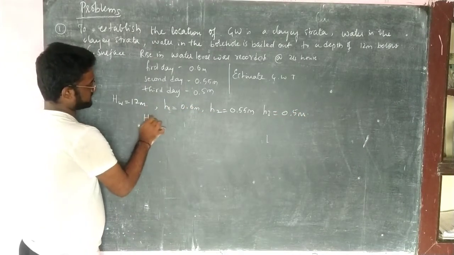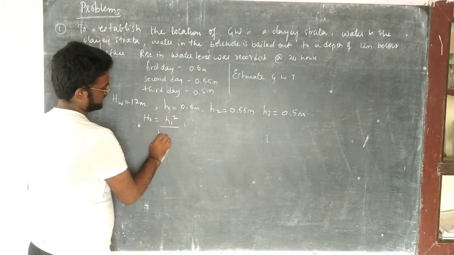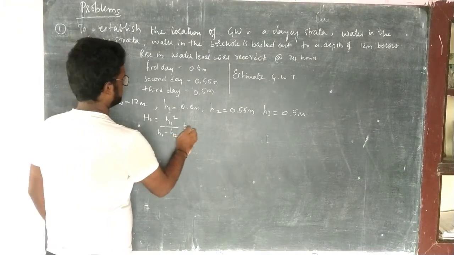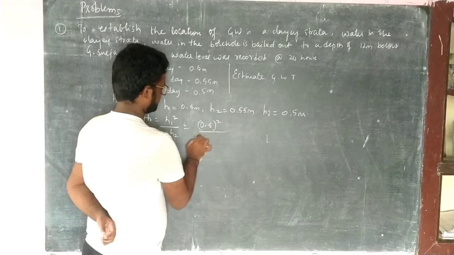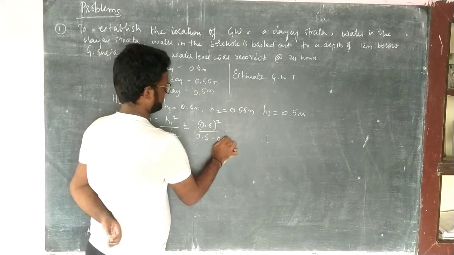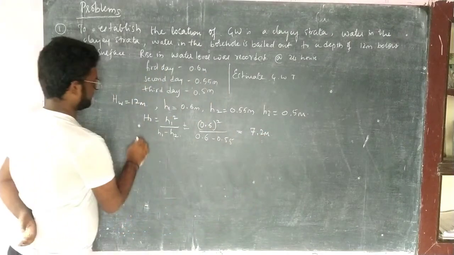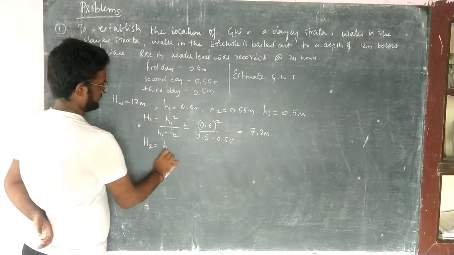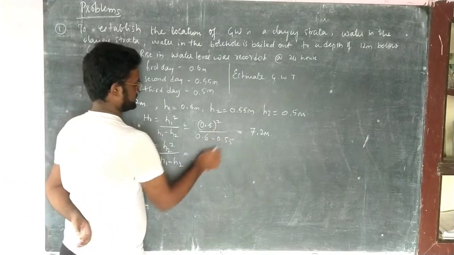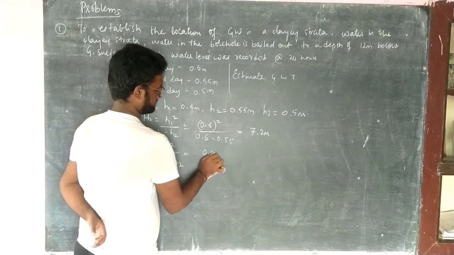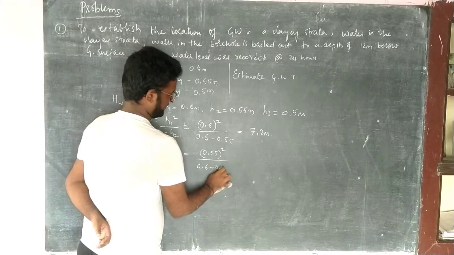The formula is h0 is equal to h1 square divided by h1 minus h2. So what is h1 here? 0.6 square divided by 0.6 minus 0.55. Now h2 is equal to h2 square divided by h1 minus h2. h2 is 0.55 square by 0.6 minus 0.55.